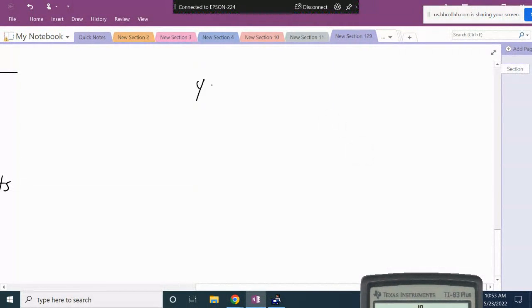All right, so we're going to look at y is equal to x squared, the parabola. So I'm going to just draw a rough sketch of an x and a y axis. And y equal to x squared should look something like that, right?